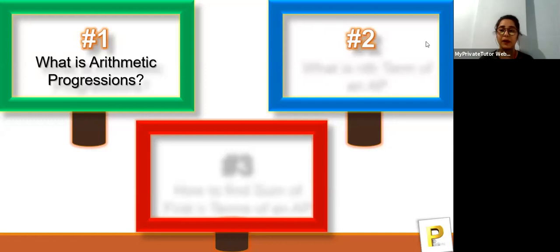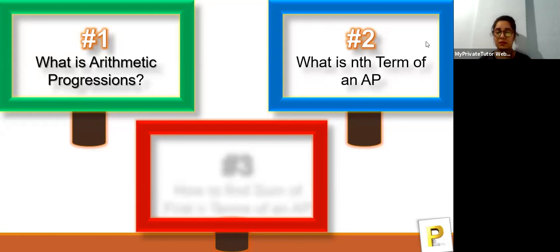Then the second part, number 2, is what is the nth term of an AP. Wherever you see AP, it means arithmetic progression. Once you understand what an AP is, you'll get to know the nth term of an AP.